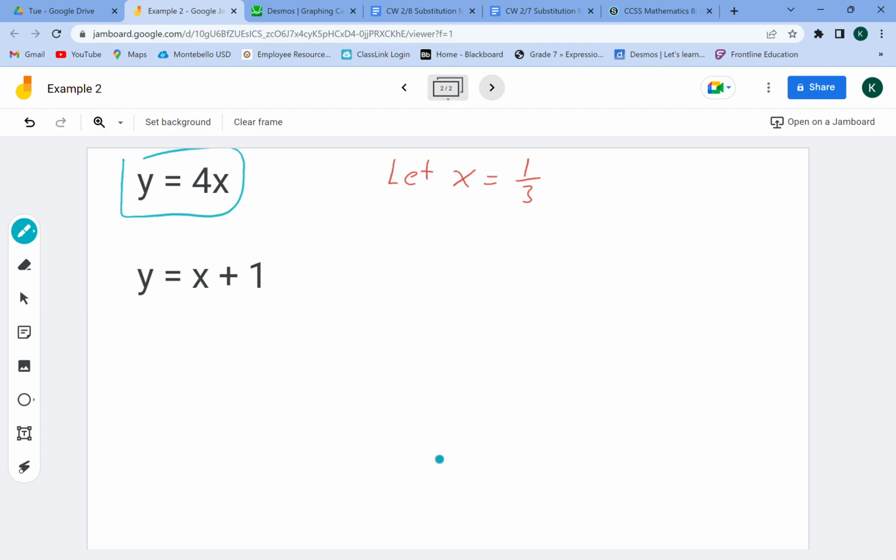I bring this down here: y equals 4, and remember, when they're stuck together, they're multiplying. So I'm going to multiply by this, because that's what x equals. I could plug it in the other one too, but I decide to plug it in here first. So I go ahead and plug that in.